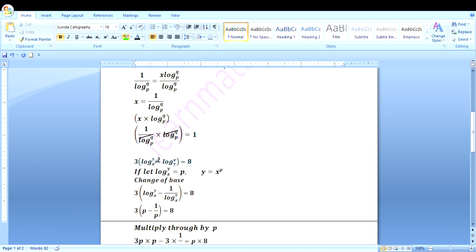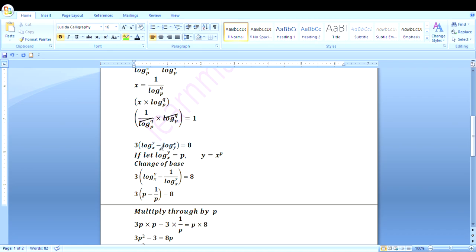Now the other part says hence or otherwise, find y in terms of x if we have 3 open bracket log y to base x minus log x to base y close bracket equals 8. First of all, we will use the same definition by letting log y to base x be equal to p, so that y is equal to x raised to the power p.